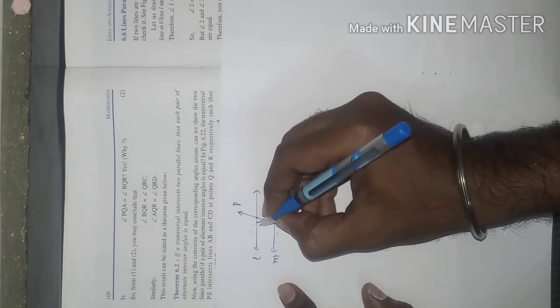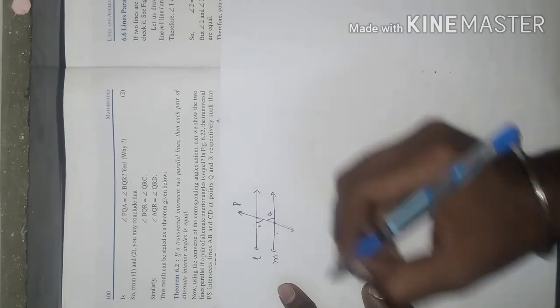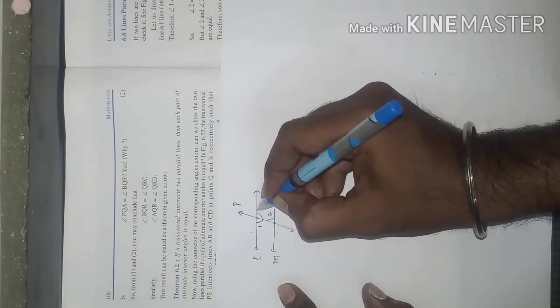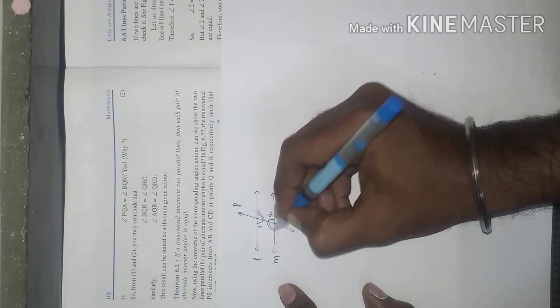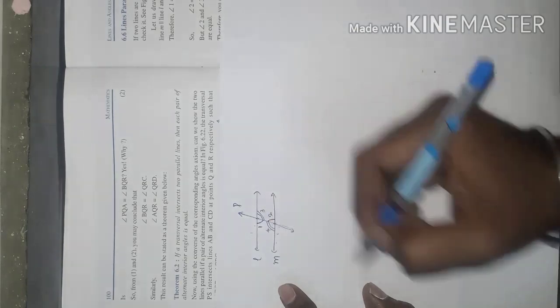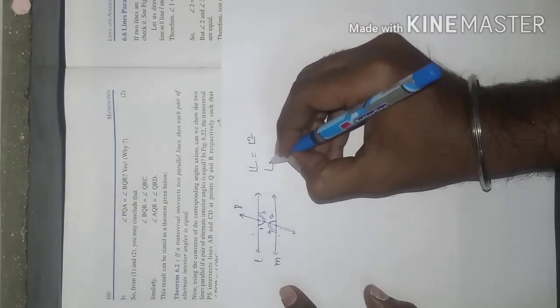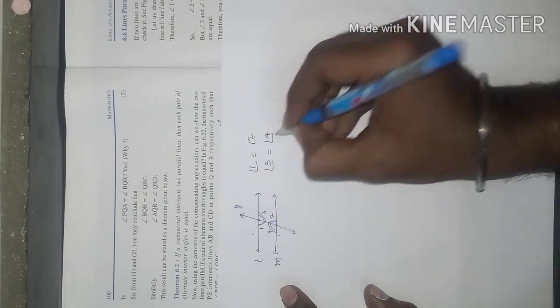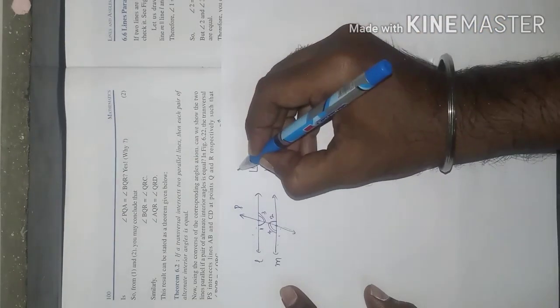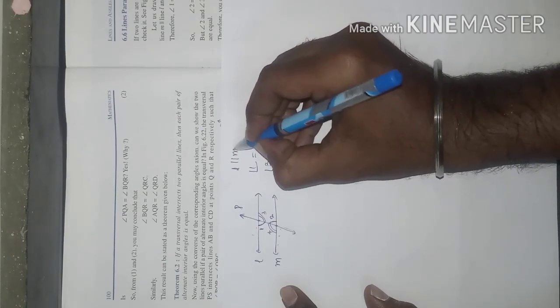I will name it as 1 and this is 2, and over here also these two are equal. Angle 1 is equal to angle 2 and angle 3 is equal to angle 4. This is possible only when L is parallel to M.